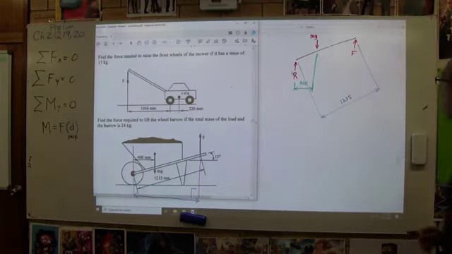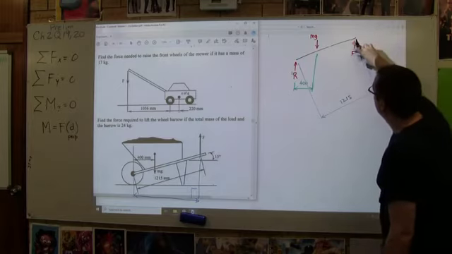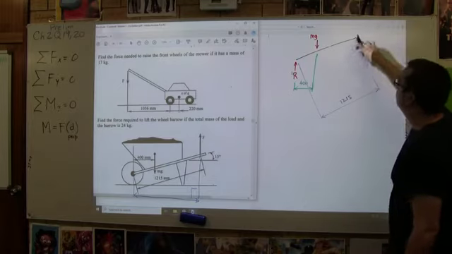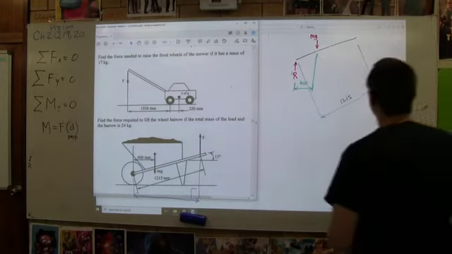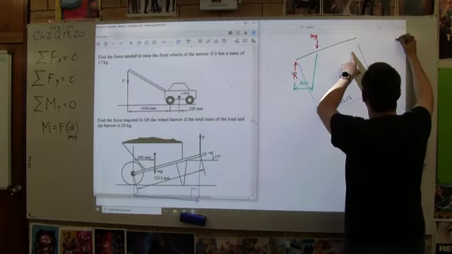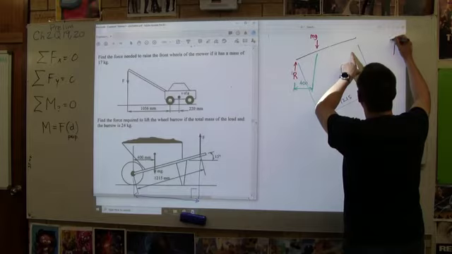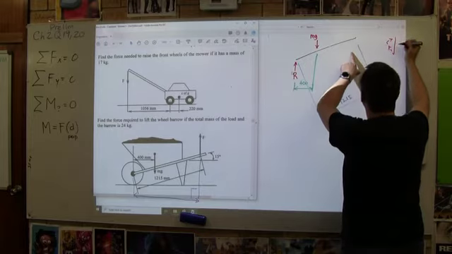Okay, so what we're going to do is replace F with two forces. Currently it's a vertical force, but instead we're going to break it into two forces. We're going to break it into a force like this, partly going up that way and partly going up that way.